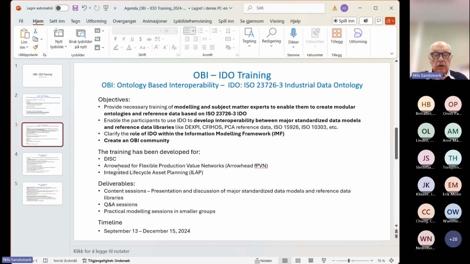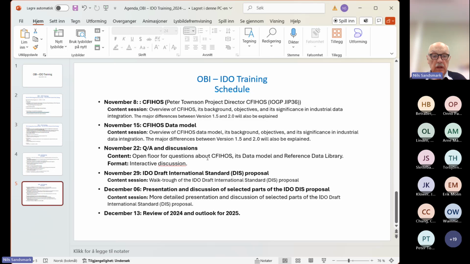And it's certainly the DISC project here in Norway, and also Arrowhead for flexible production value networks, Arrowhead PVN, which is an EU project, and also the ILAP project, which is an ontology for scheduling. So I hope we can get a good discussion after we have had these two presentations.